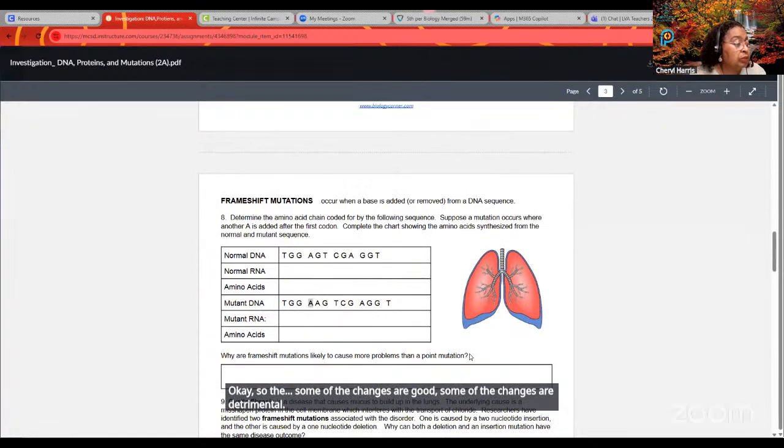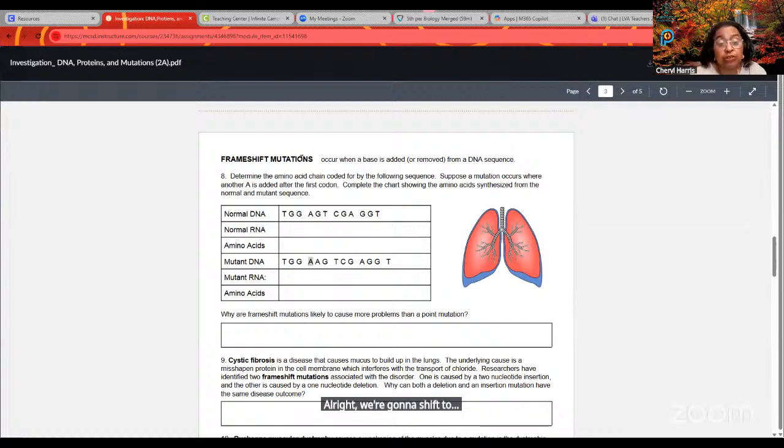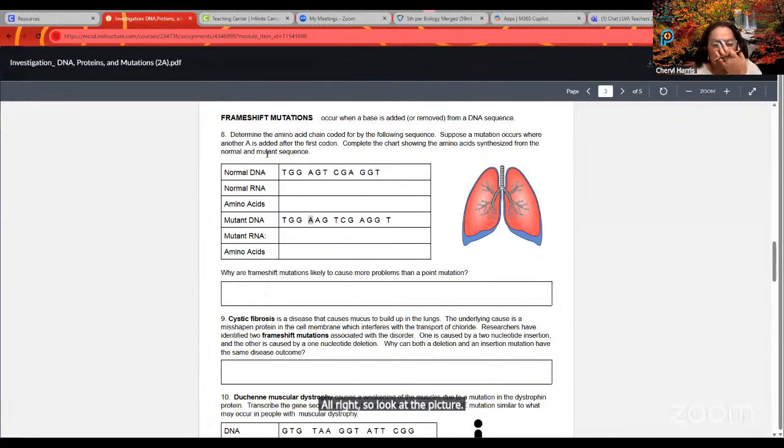All right, we're going to shift to frame shift mutations. Look at the picture. In this case, because we read the amino acid chain sequence in sets of 3, if you insert an extra nucleotide, the top one is the normal one.